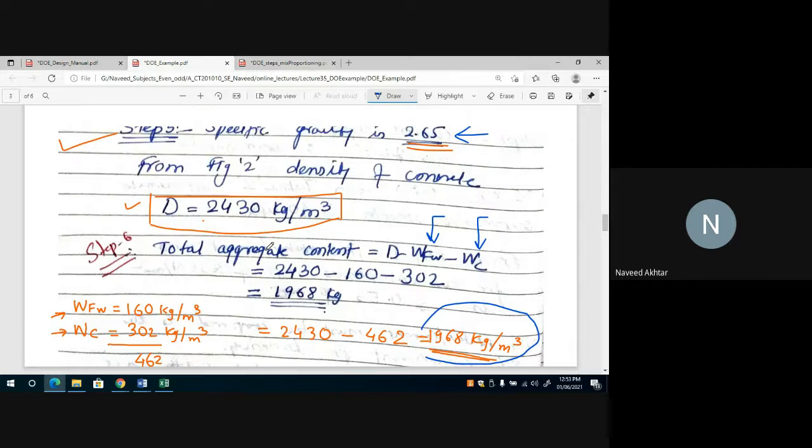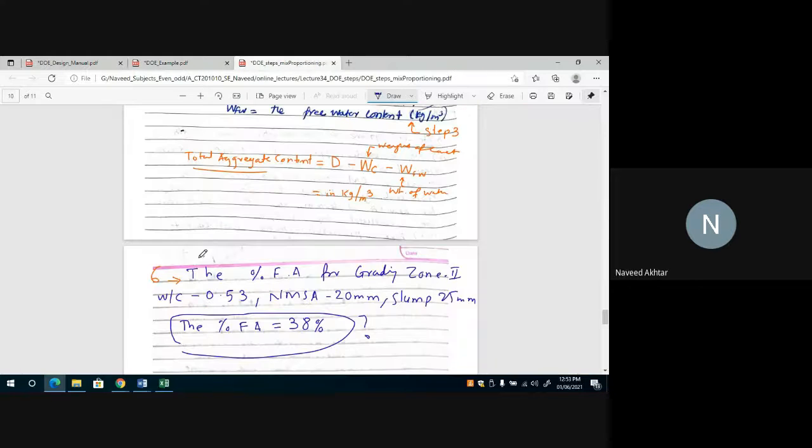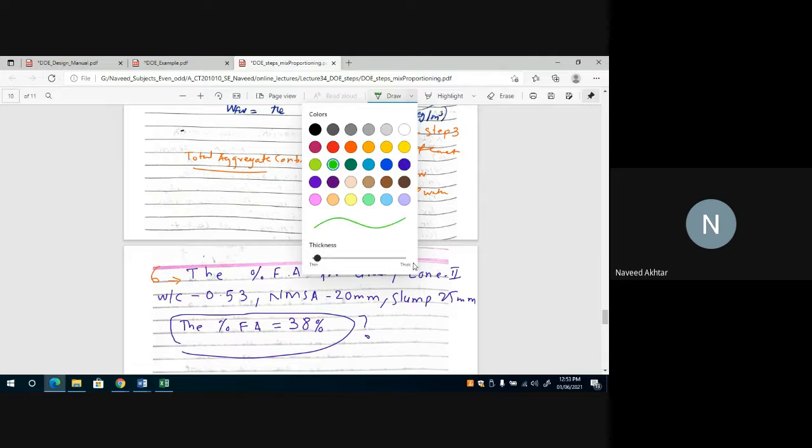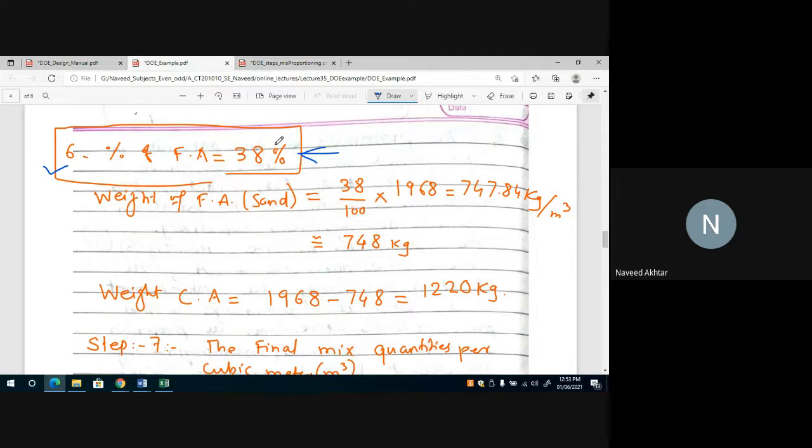Then in step number 6, you have to find out the proportion of fine aggregate by knowing the grading zone, the water to cement ratio, the nominal maximum size of aggregate, and the slump value, and calculate the percentage of fine aggregate from the graph.